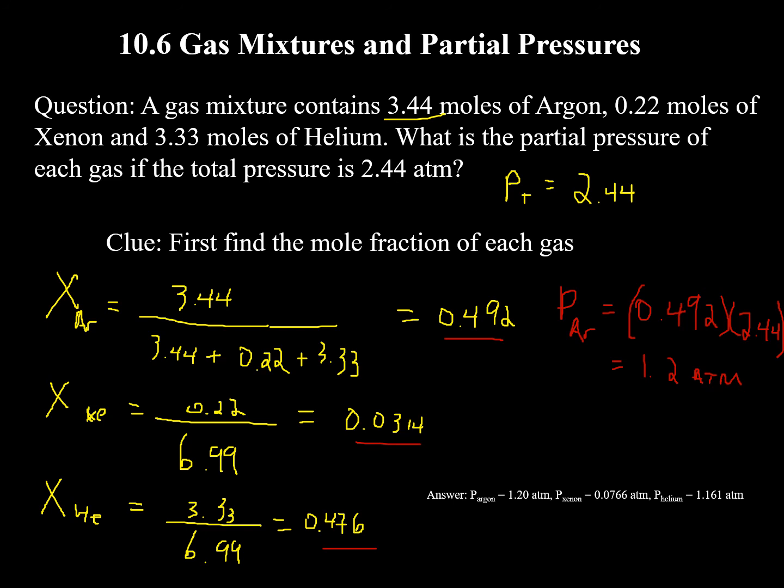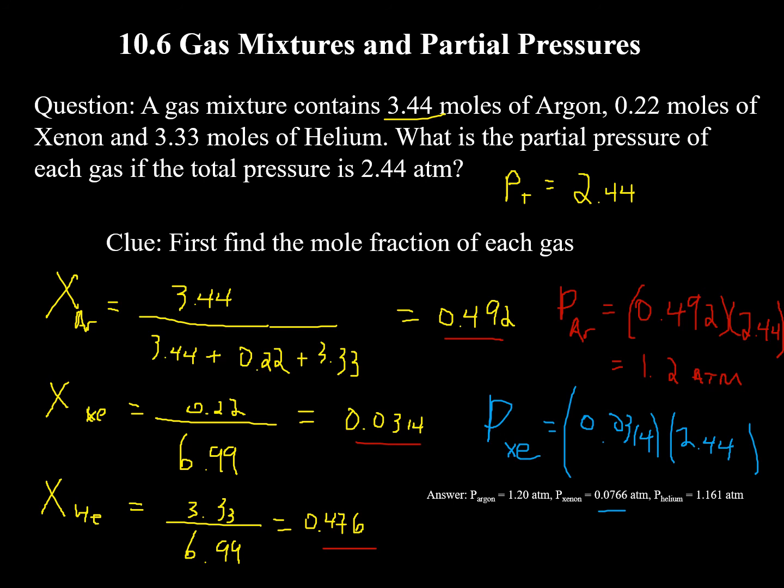Let's look at the xenon. It's the same idea. You take the mole fraction of xenon, 0.0314, times 2.44, and this comes out to 0.0766 atm.